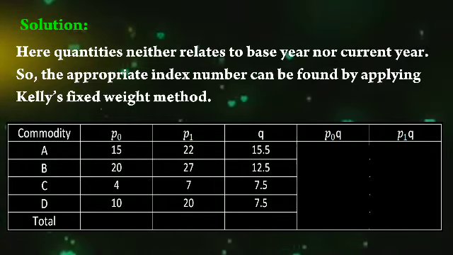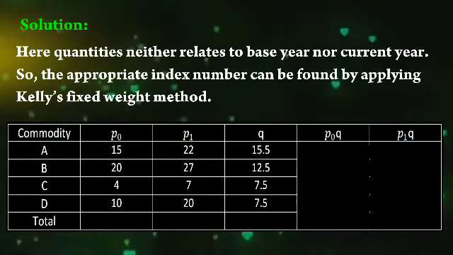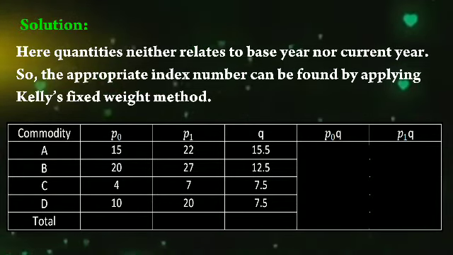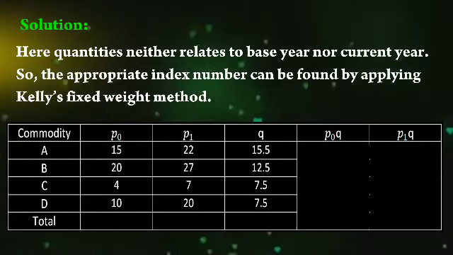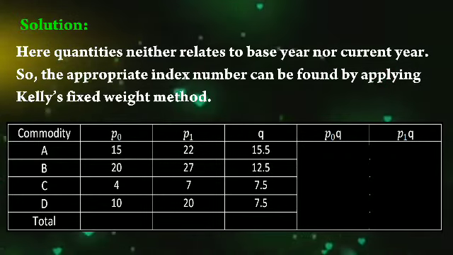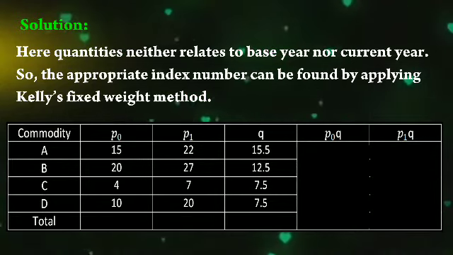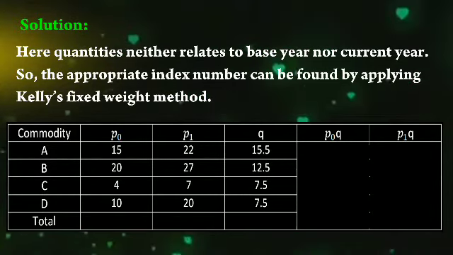So in the solution part, second column variable name is P0 and under that copy the given data. That is 15, 20, 4 and 10. In the next column, the current year price values are given which is denoted as P1. So under P1, copy the data 22, 27, 7 and 20.